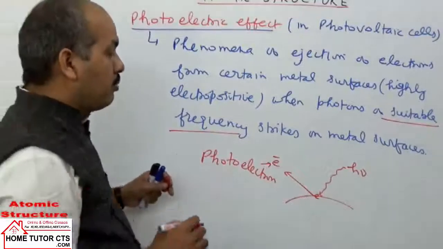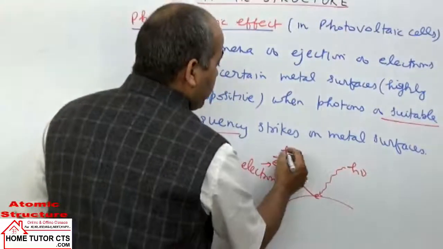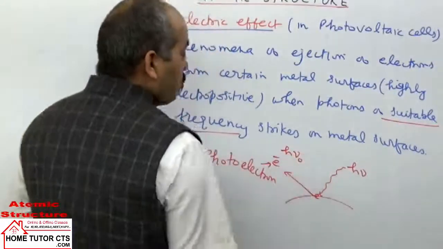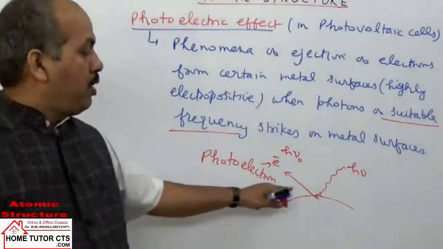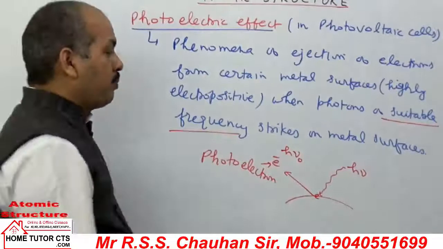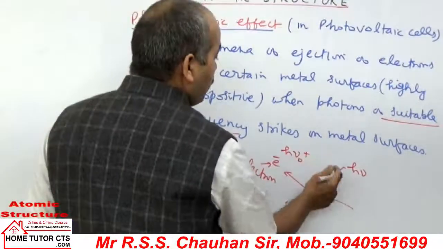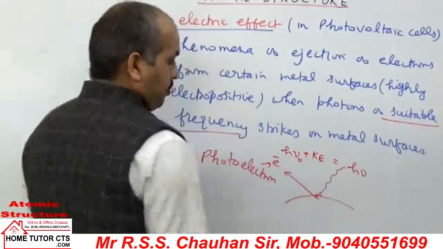For that we take one term: part of the energy of the photon, that is h nu naught, will be used up in overcoming the electrostatic attraction between the electron and the nucleus of the metal atoms, and the rest of the photon's energy will convert to the photoelectron's kinetic energy.